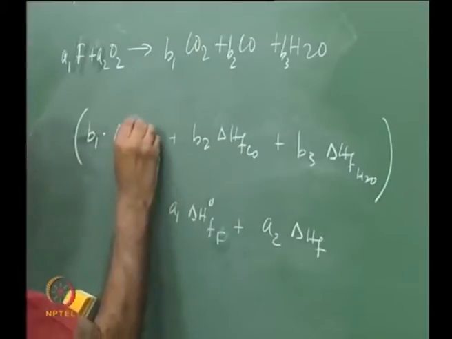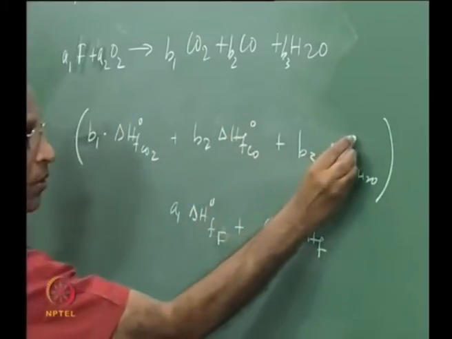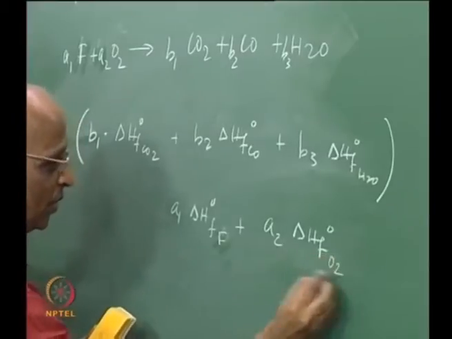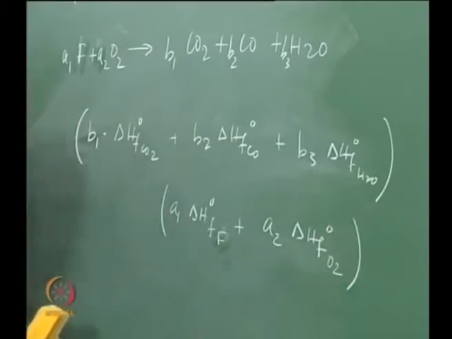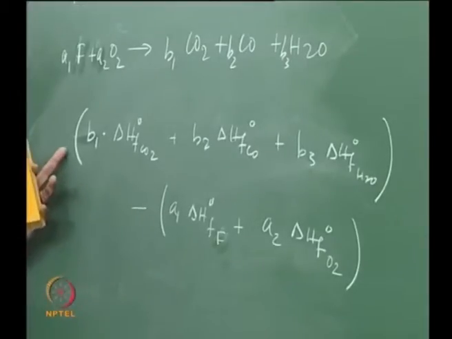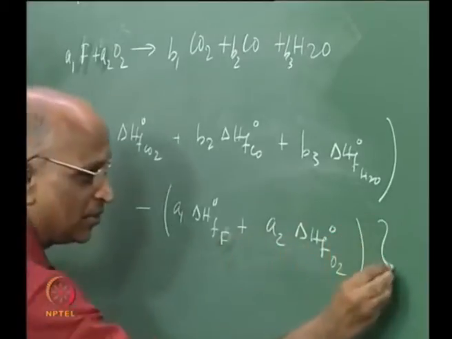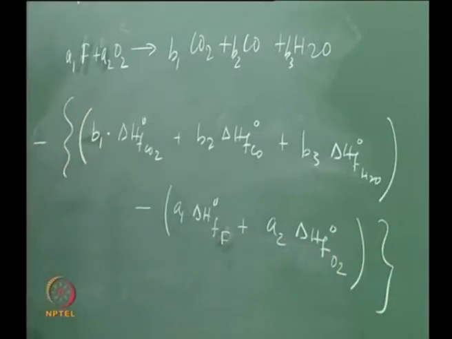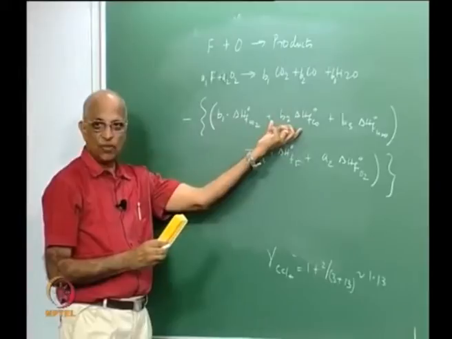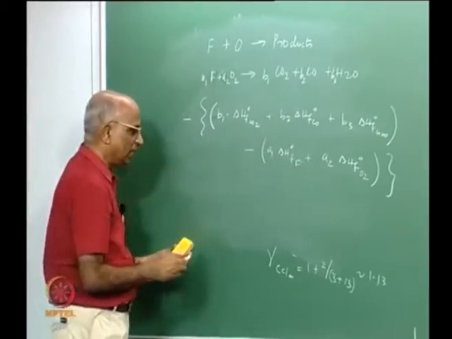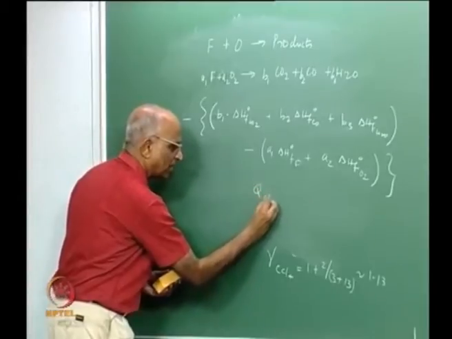Mind you, I should have put the standard superscript all over here, all at the standard conditions. And now I say the change is like this, but only if there is a decrease do I get this. Therefore, the heat energy which is given is equal to minus of the heat of formation of the products divided by the heat of formation of the reactants. This is the heat which comes out of a chemical reaction.